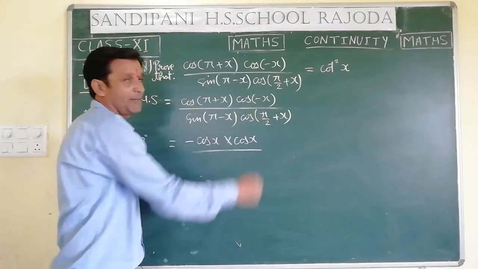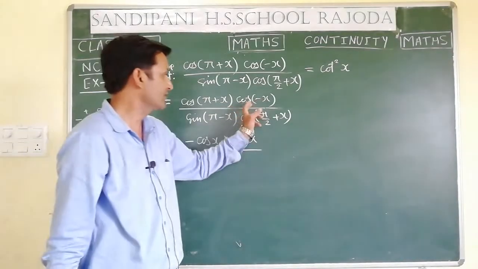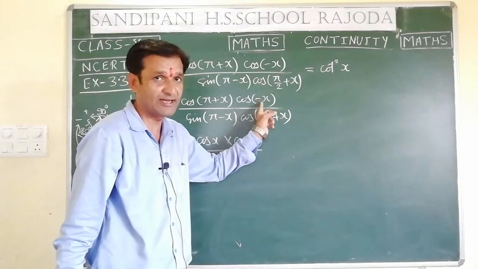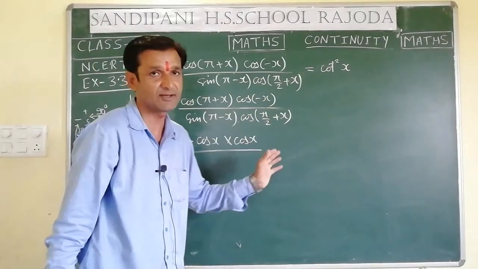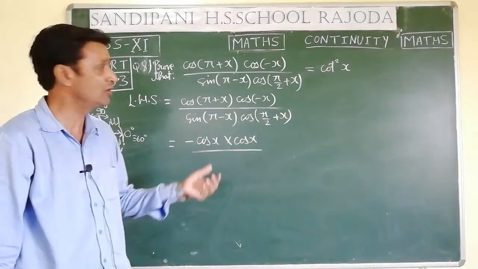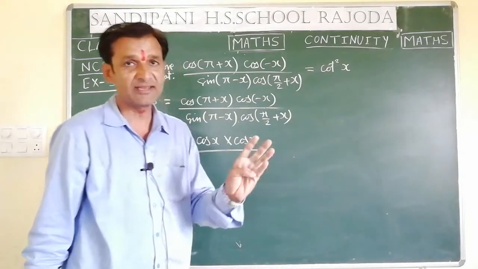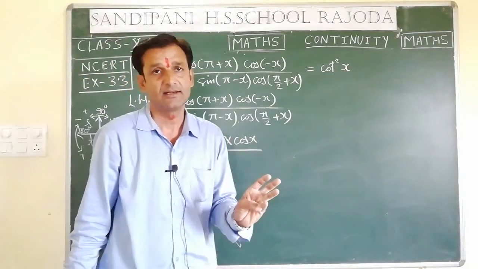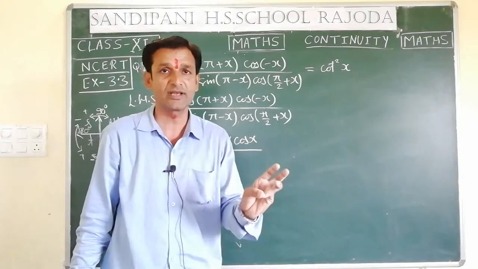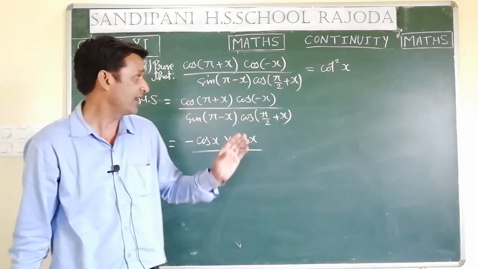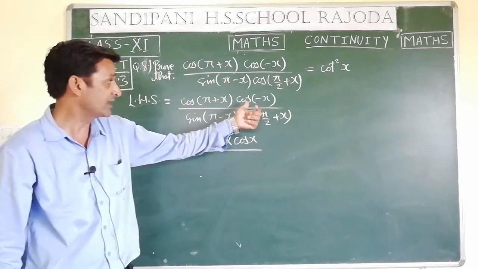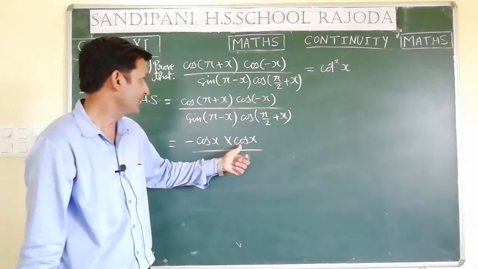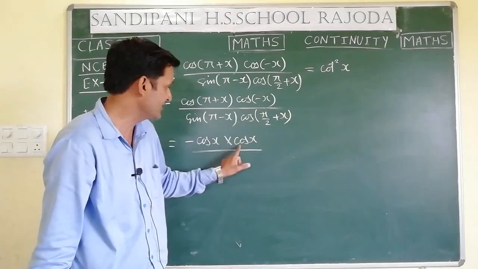This is the particular ratio which, if it has a negative sign in the angle, will be positive only, because cos minus theta is cos theta and sec minus theta is also sec theta. Remaining sin, tan and cot and cosec, if they have a negative sign in their angle, then it will be negative only. But in case of cos and sec, it is positive only. Cos minus theta is positive cos theta.